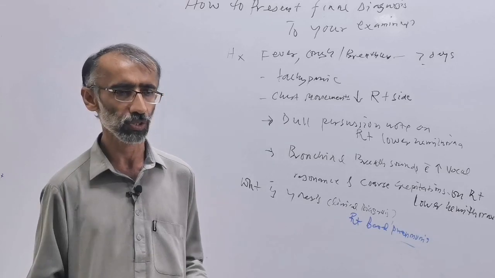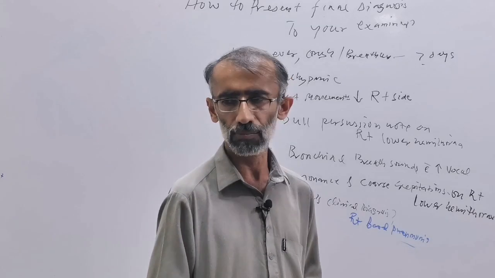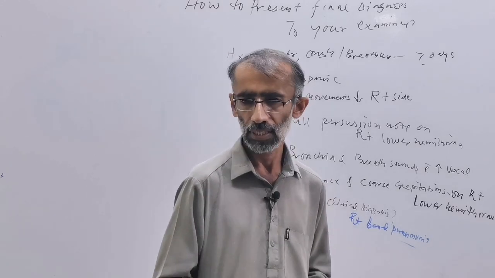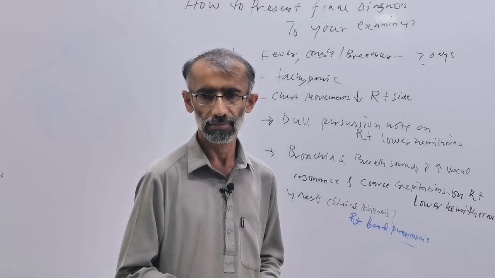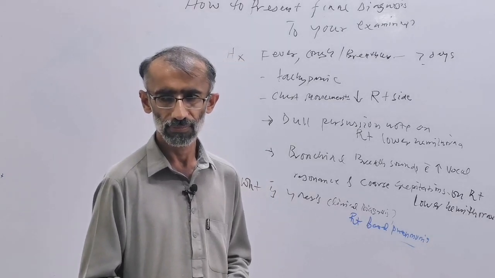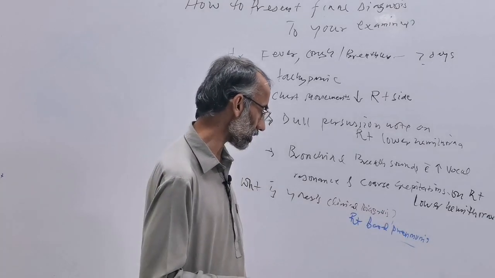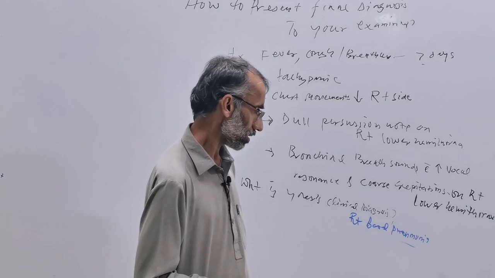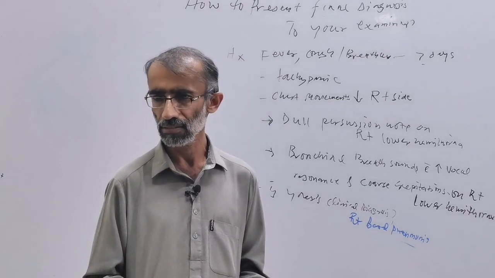What is the difference between pneumonia and pneumonitis? Why not tuberculosis? Yes, sir, it can be difficult. So it means your clinical diagnosis is wrong if you are going to mention it is the right basal pneumonia.